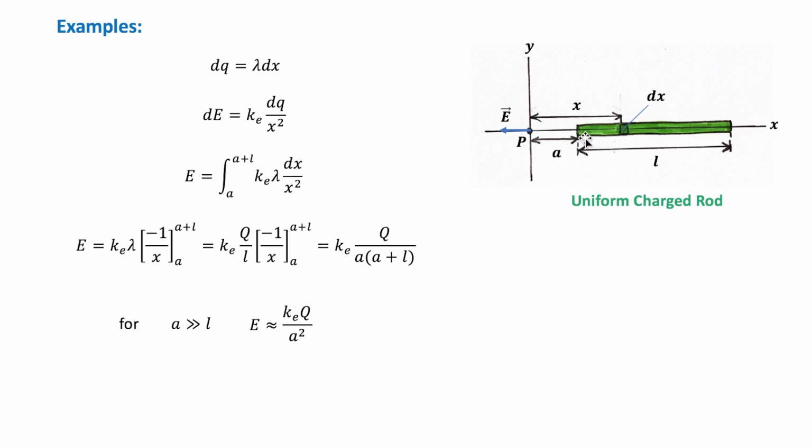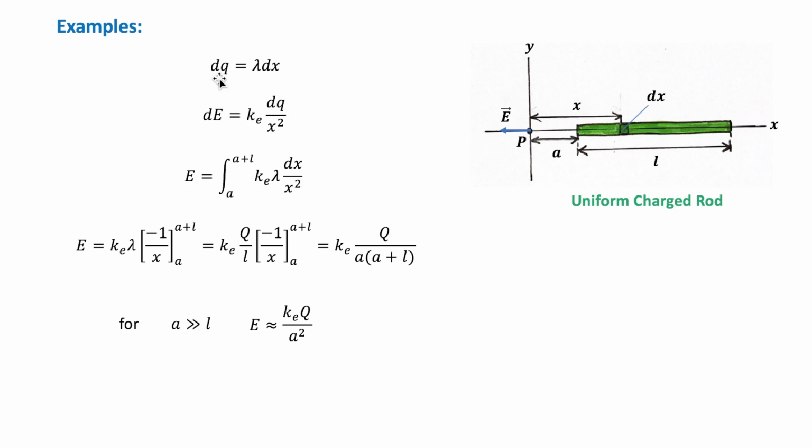Because each charge element dq produces an electric field dE that is directed in the negative x direction, since it's a positive charge, the resultant electric field will also be in the negative x direction, and so we can calculate the total field without the need of vectors, because the fields from all the charge elements are directed in the negative x direction.